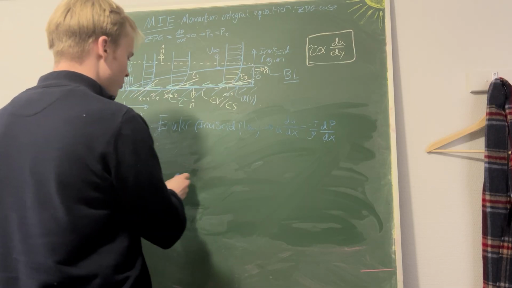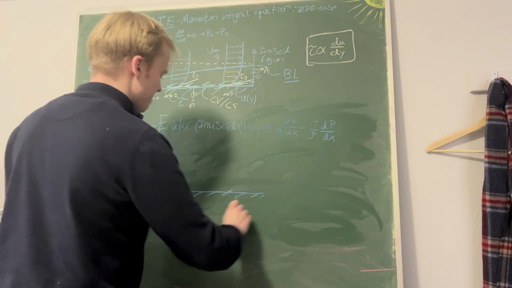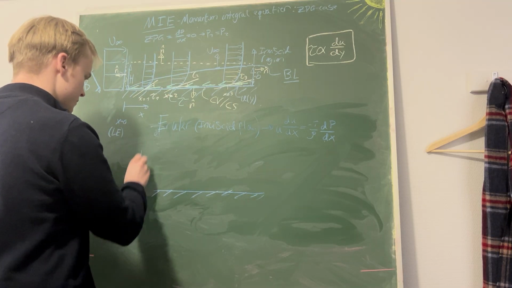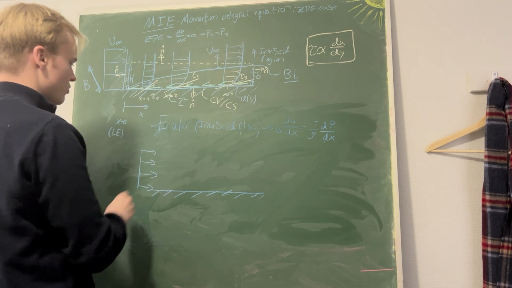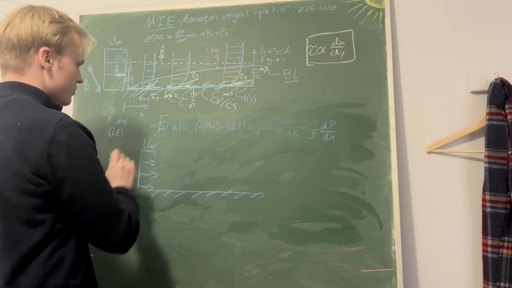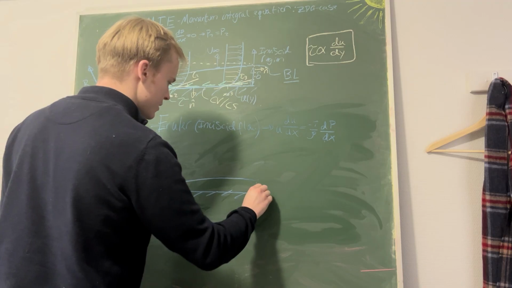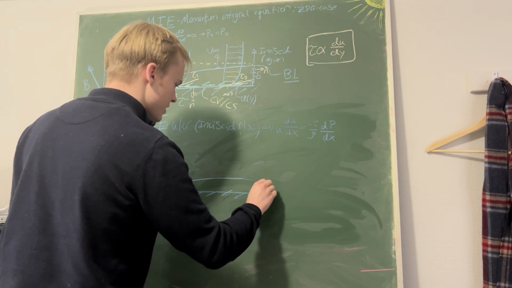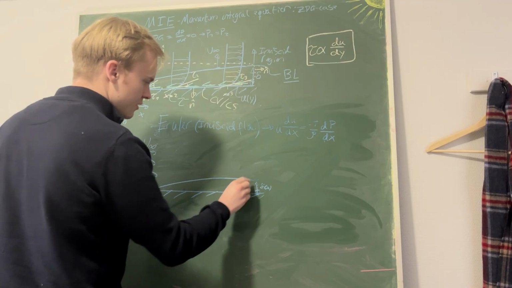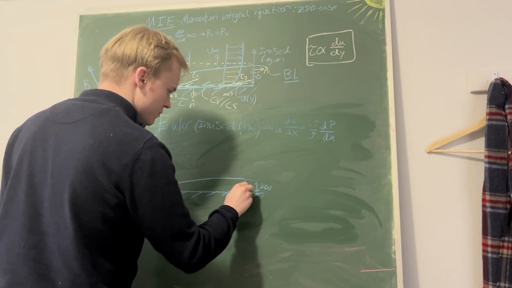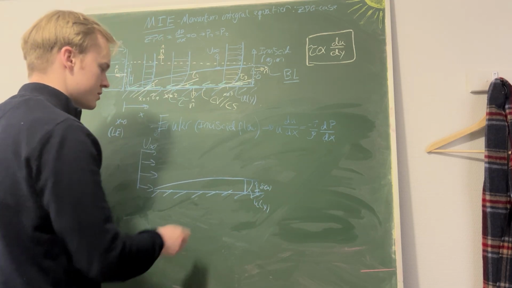And then if we have our case, our flow over this plate, which is just the same drawing here. Here we have our freestream velocity and the boundary layer that is growing as a function of x. And at some given length we have u of y, because it's fully developed.